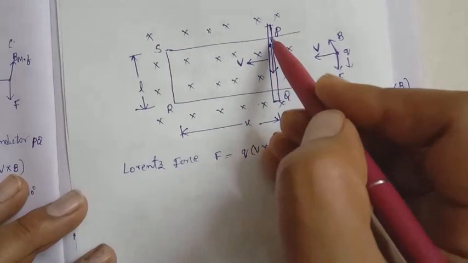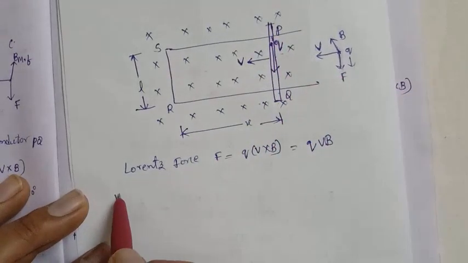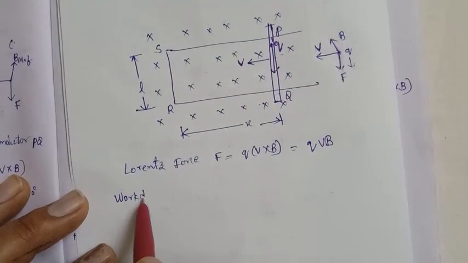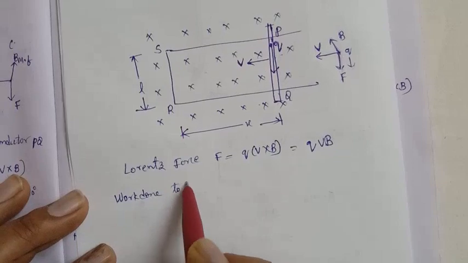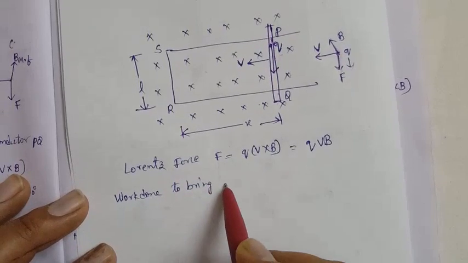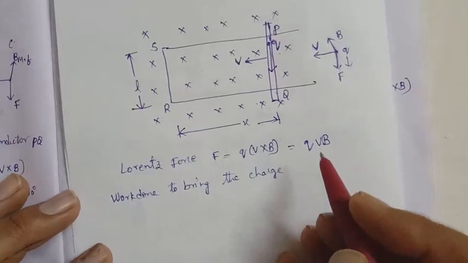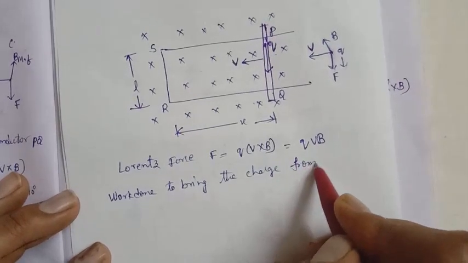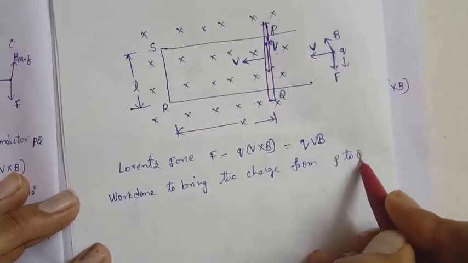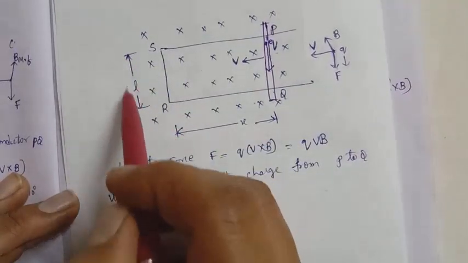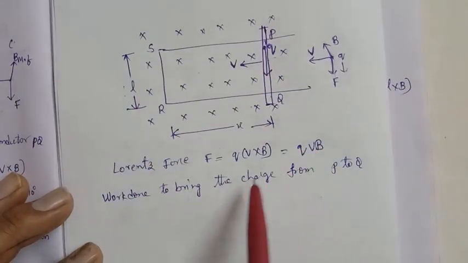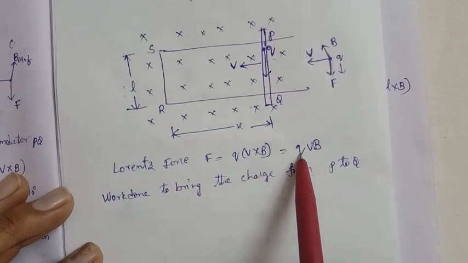So the work done to bring the charge from P to Q. What is the distance from P to Q? It is L. How much force is acting on that? qvB.